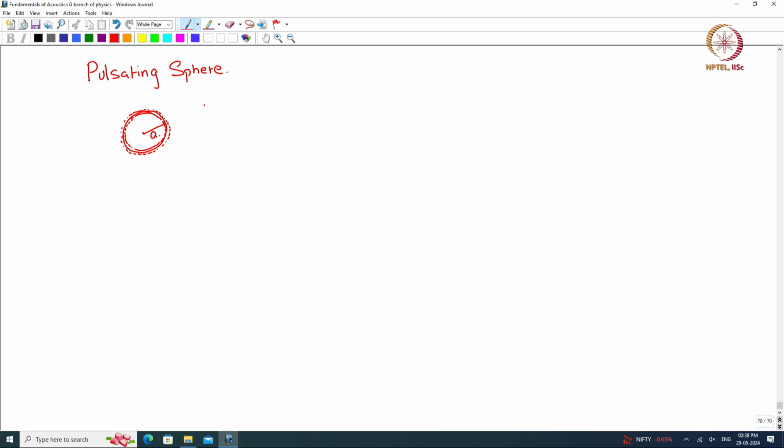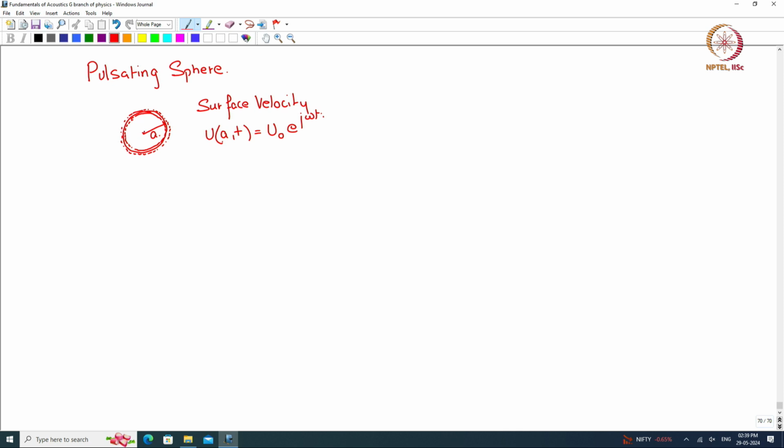Okay. So, the surface velocity moves uniformly as u at a comma t is some u0 e to the power of j omega t.